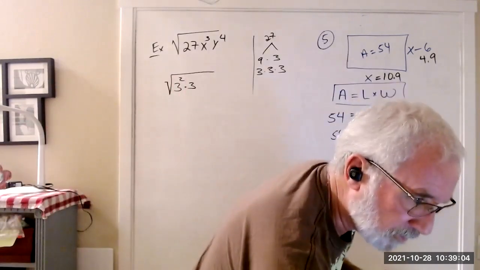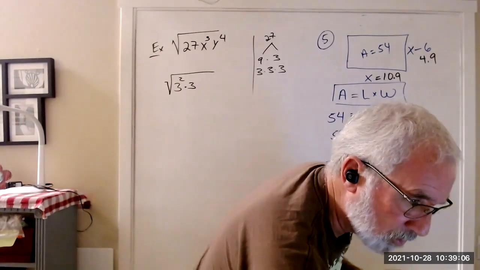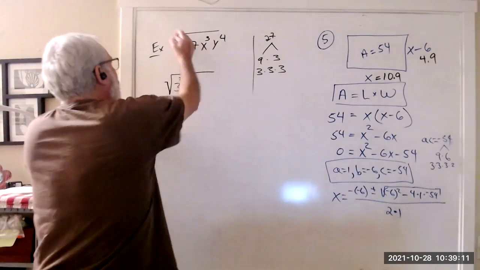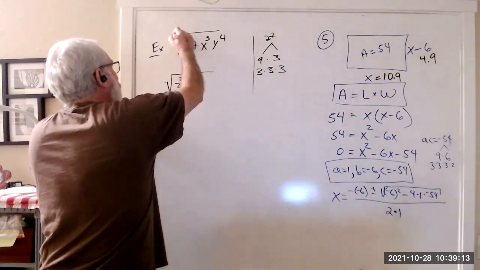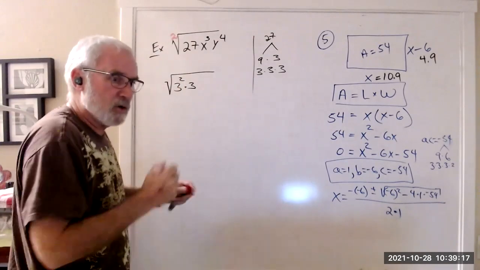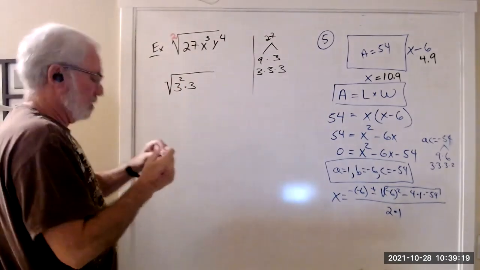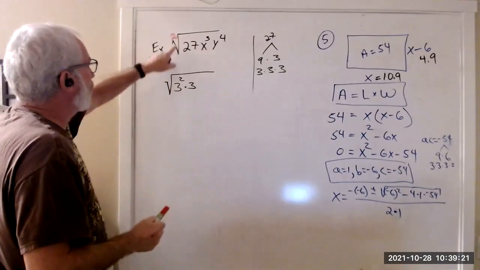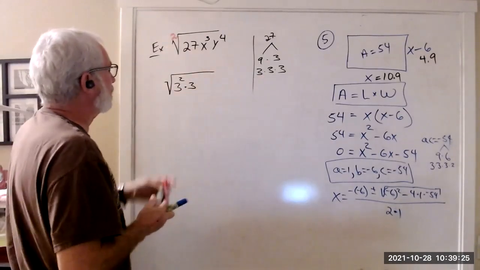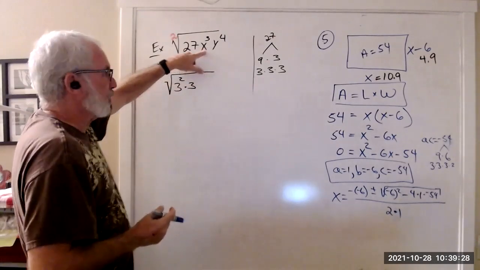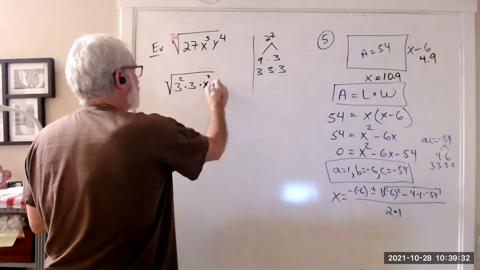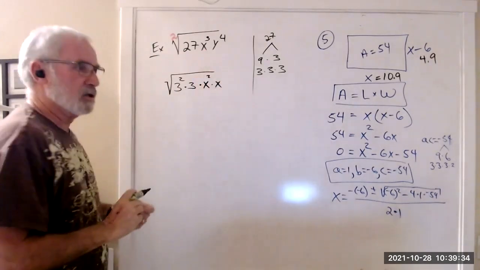Okay, hang on, let me close this. Why? Because this is a square root. Does the 2 show up there? Yes, I can see the 2. So if that's a square root, you want to break everything into square powers. If we take x to the third, that is x to the second times an extra x.